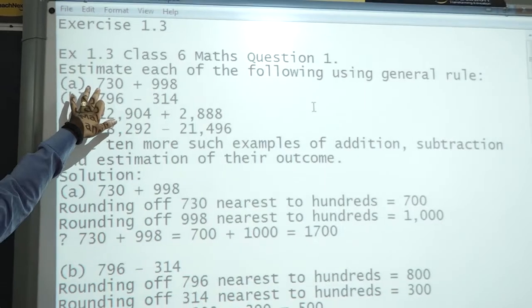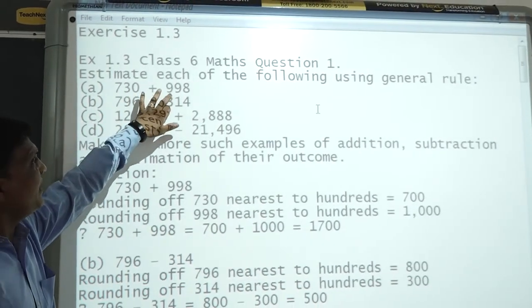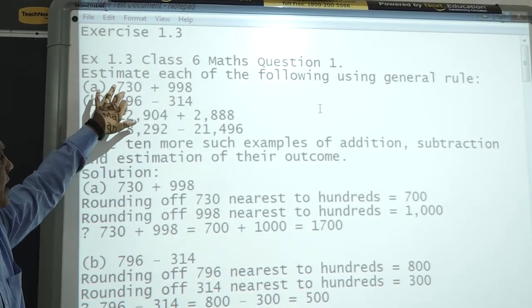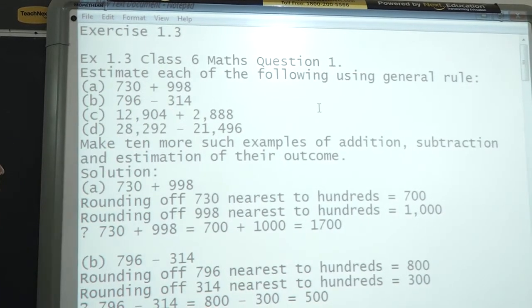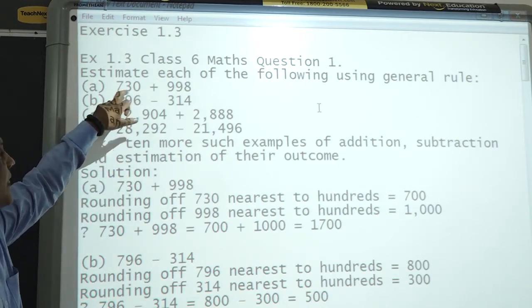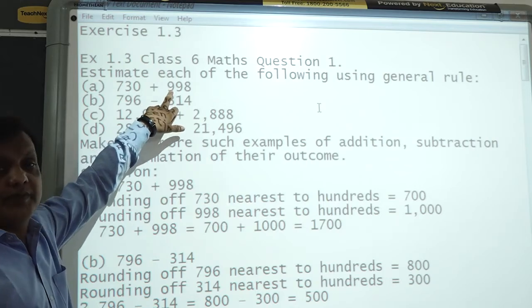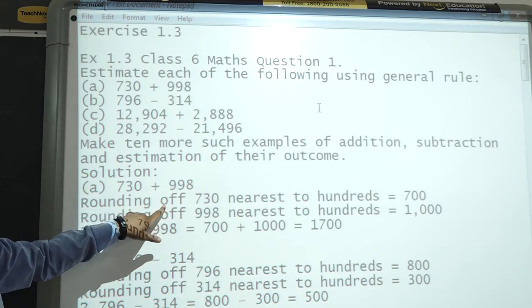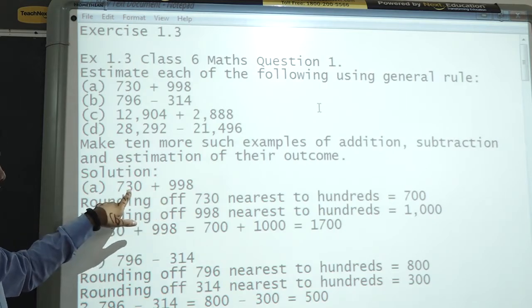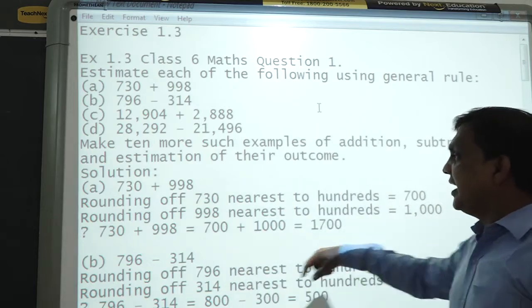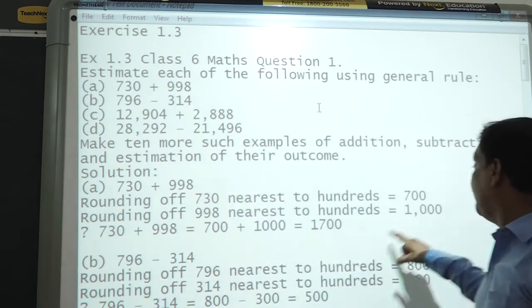Here the first question is 730 plus 998. Here the place is 100, so round off to the nearest 100. When you round off 730 it becomes 700, and 998 becomes 1000.